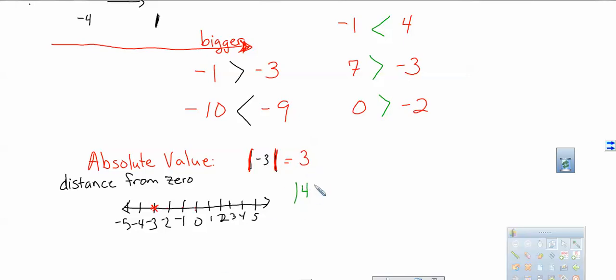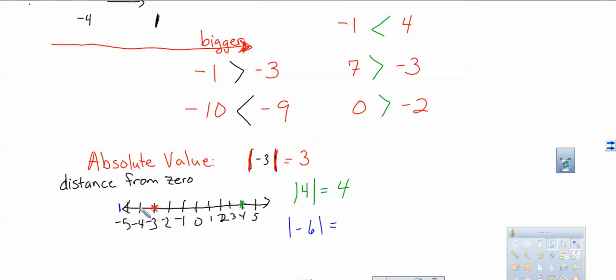Let's try the absolute value of 4. Here's 4. Here's 0. How many away is it? 1, 2, 3, 4. The absolute value of 4 is 4. How about the absolute value of -6? So -6 would be right here.